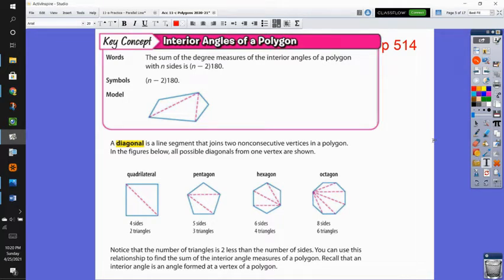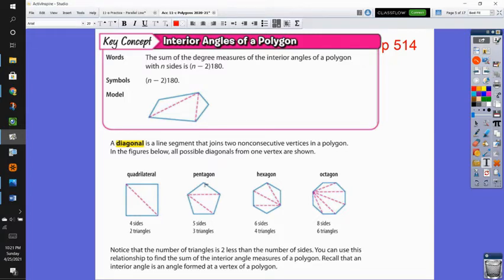A quadrilateral, 4 sides. Okay, and part of what they talk about here is that you can draw diagonals in a polygon. Diagonals go from non-consecutive vertices, right? So any two vertices, the corners where the line segments come together, that are not next to each other, not adjacent. So a quadrilateral can be split into 2 triangles by a diagonal.